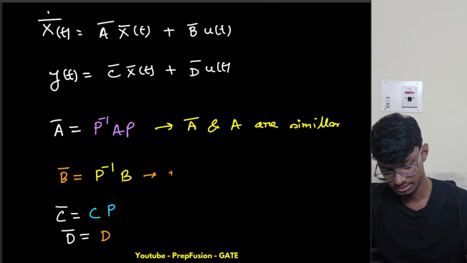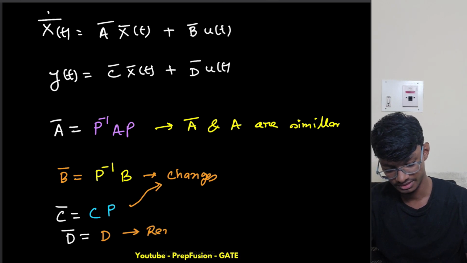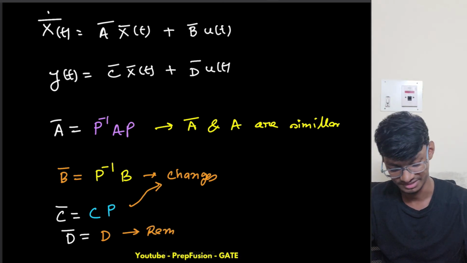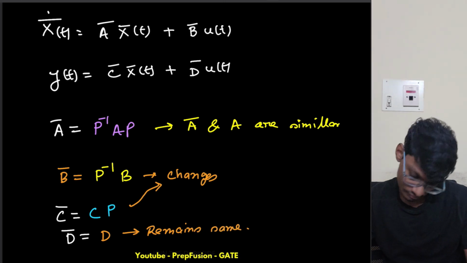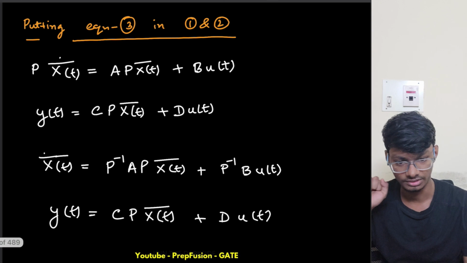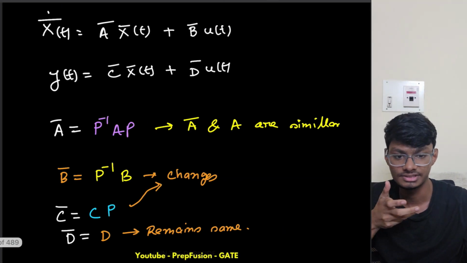So A and B change, C also changes, but D remains the same. D doesn't care about anything. This was the important thing: what is changing and what is not changing.